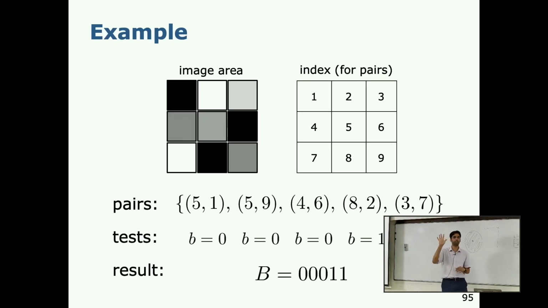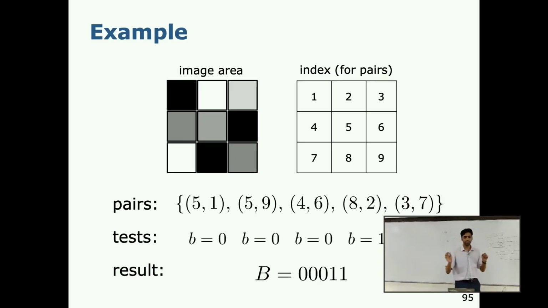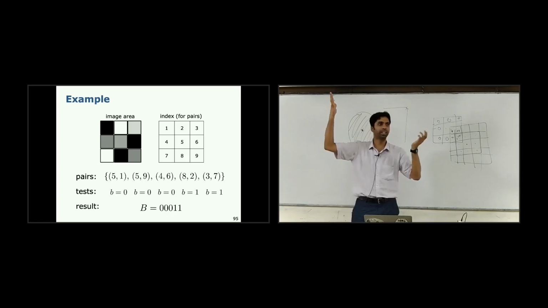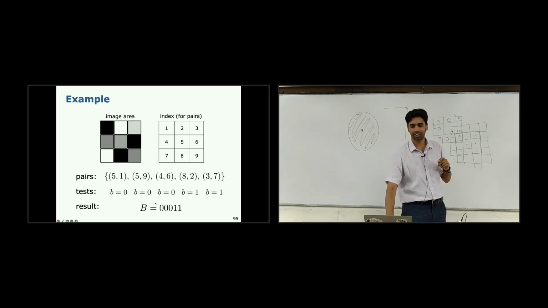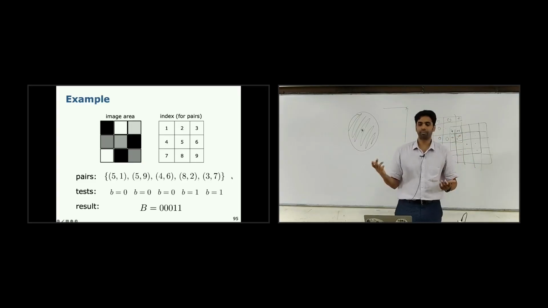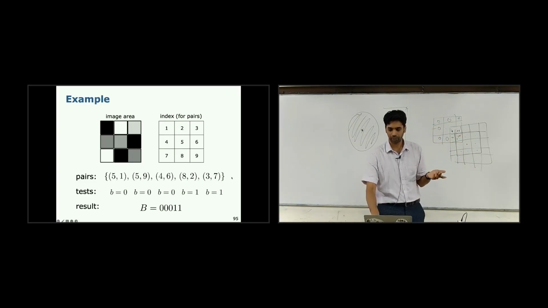You randomly choose some pairs and then compute this string. This is now the signature of this patch. When you match it to another patch in another image, you will match these two strings. Of course, you need to check the same pairs. You can't choose other random pairs. You have to choose the same pair tests, so the locations should be the same. And surprisingly, this works quite well.